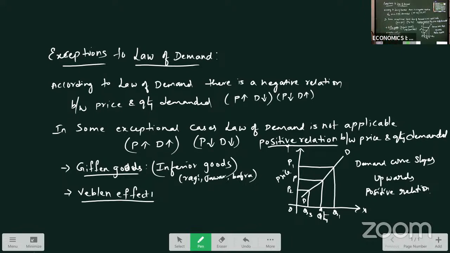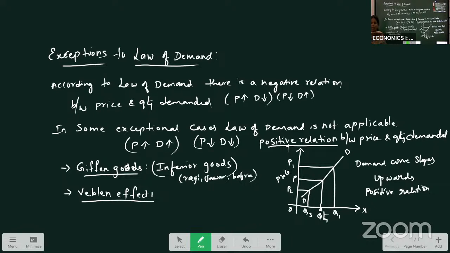Thorstein Veblen is a most famous economist, who pointed out that for some goods, though price increases, demand also increases, like diamonds, costly furniture, luxury items. In this case, what will happen? Though the price increases, we are not reducing the consumption.